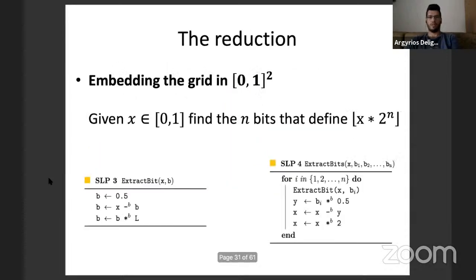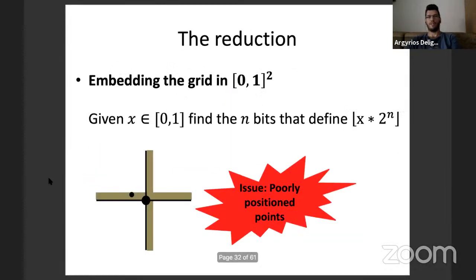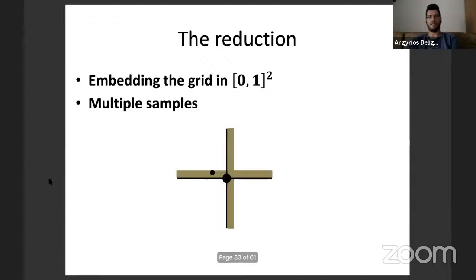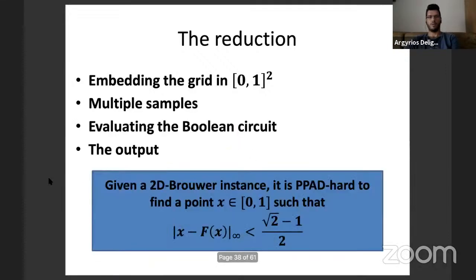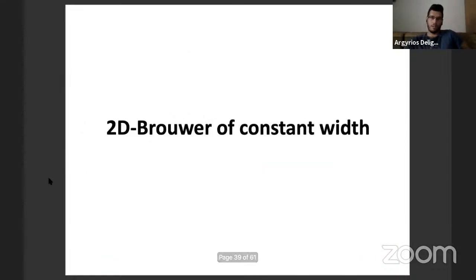The biggest challenge was, there were several challenges, to be honest, and the first challenge was to prove that two-dimensional Brouwer is hard even when the arithmetic circuit that defines the problem has constant width.